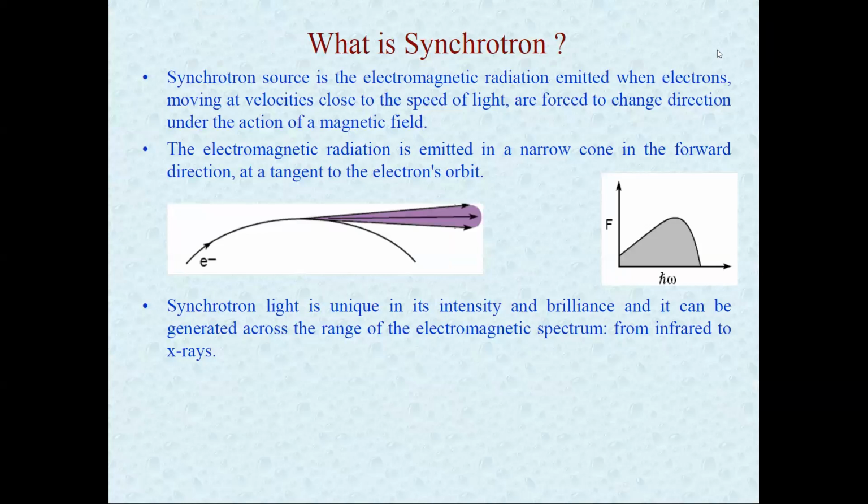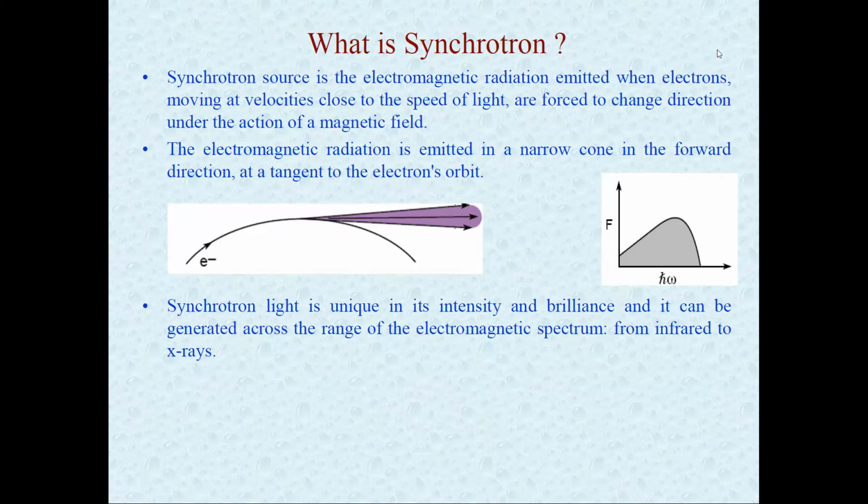Whenever a relativistically moving electron is forced to change its direction, for example by a bending magnet, it emits electromagnetic radiation. That radiation is emitted in a very narrow cone, and it is very intense, with high brilliance, and it retains a good polarization.